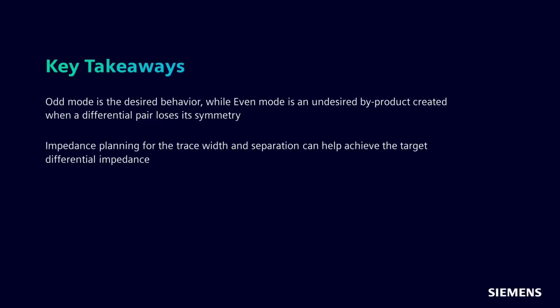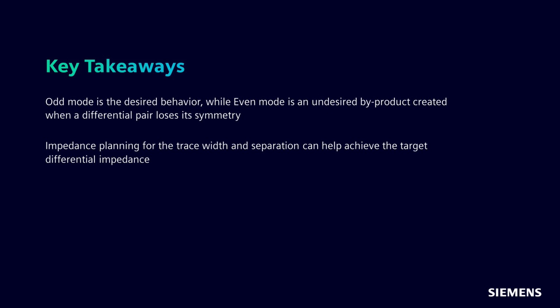To conclude this exercise, we have gained an understanding of differential pairs. We've seen how their unique construction provides inherent noise immunity and reduces EMI through cancellation of electromagnetic fields in odd mode. We've also explored the detrimental effects of mode conversion to common mode when symmetry is lost. Crucially, we've learned how to leverage the Stackup Editor's Z0 planning capabilities.